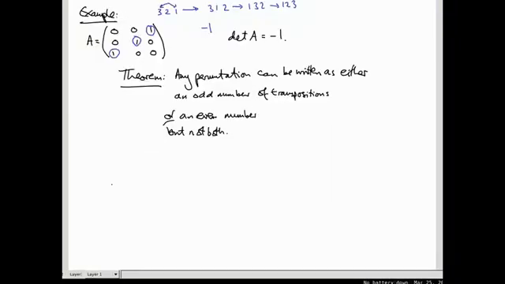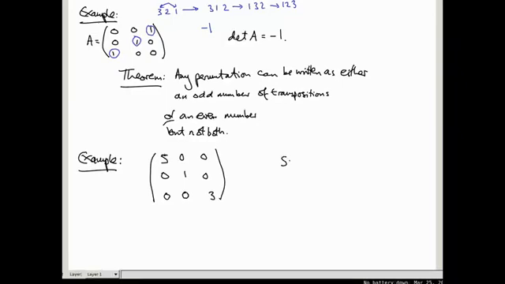Let's do another example. Let's take a diagonal matrix. I don't know, like 5, 1, 3. This is fantastic because there's only one valid choice that we can make with no zeros, which is 5, 1 and 3.